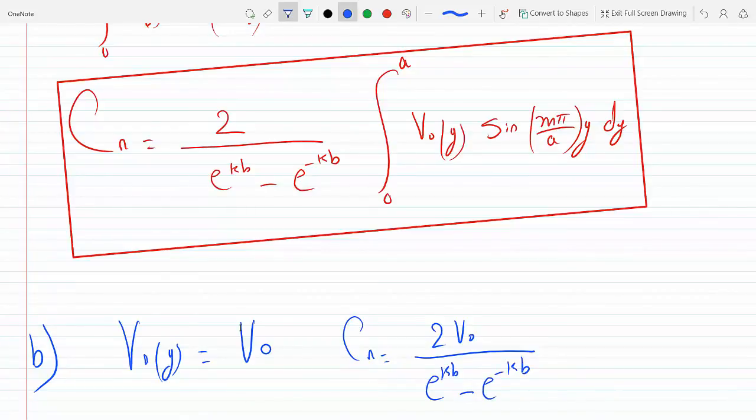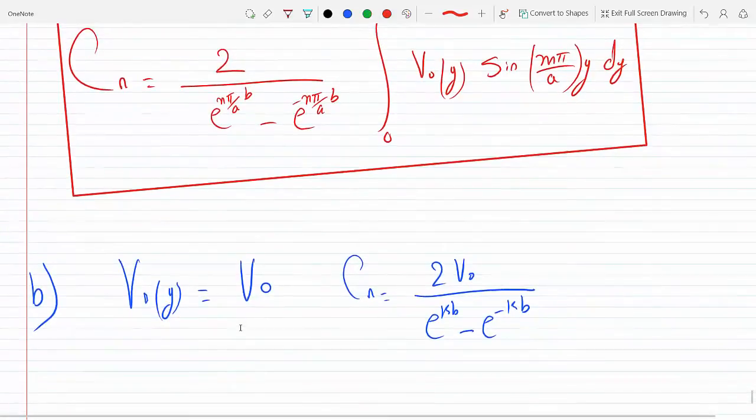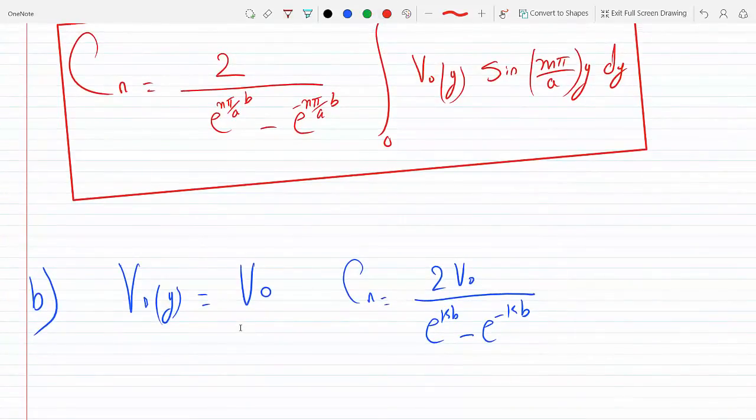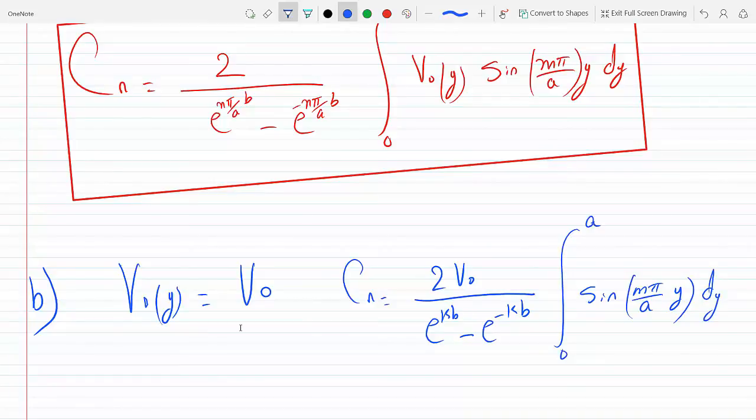By the way, k I didn't replace; it's n pi over a, so I should, because this is the final answer: n pi over a times b. Then you can integrate sine of m pi over a y dy from 0 to a.